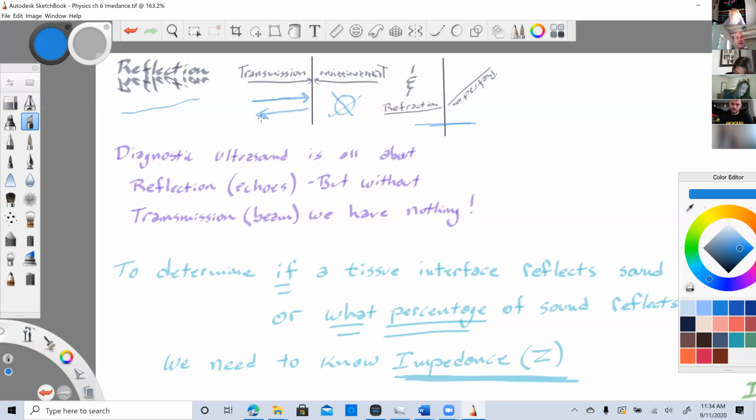We see that every single day when the transducer is on, but it's just sitting with no gel on it, waiting to be used. You look at your screen, you see a very, very bright echogenic line at the very top of your screen. That's what 100% reflection would look like. And of course, we see nothing of use at all beyond that bright line. And we actually see bright line, bright line, bright line.